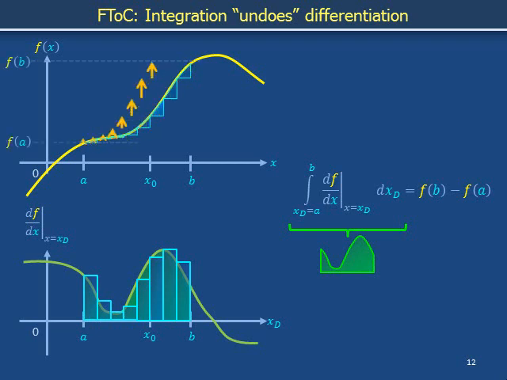Add the heights of the right triangles vertically. They equal the difference between the height f of b and the height f of a. Again, adding up the heights of the golden arrows is equivalent to adding up the areas of the turquoise rectangles. We have demonstrated that integration undoes differentiation, as we sought to show.